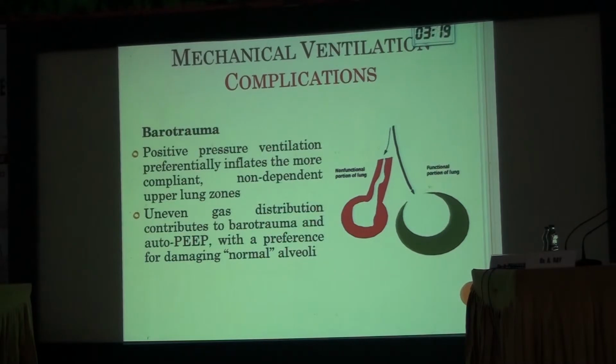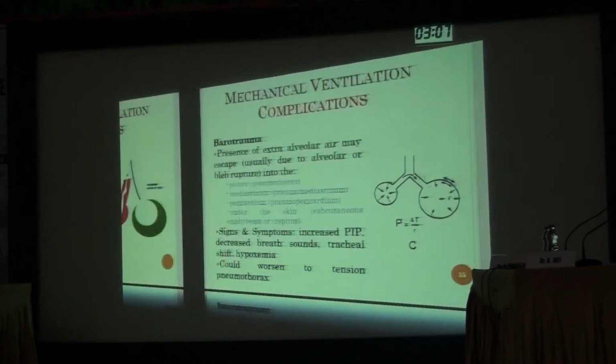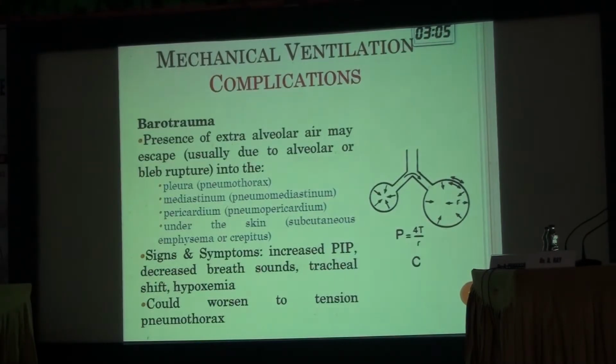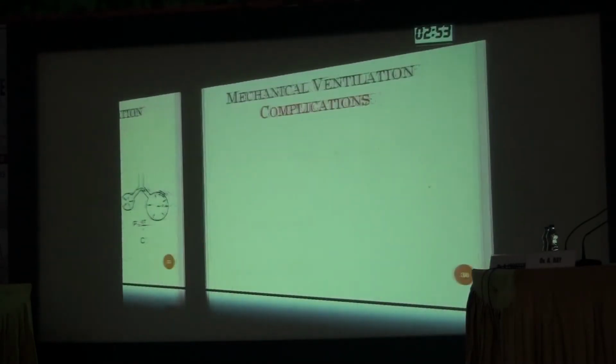One should not jump to the conclusion that if the patient is critically ill, you just attach the patient to a ventilator and everything is going to be fine. Barotrauma is one of the major factors, and that has given way to many of the different modes which we come across today, because of the fear of barotrauma, so that we minimize the pressure at which the oxygen is delivered to the patient's lungs.